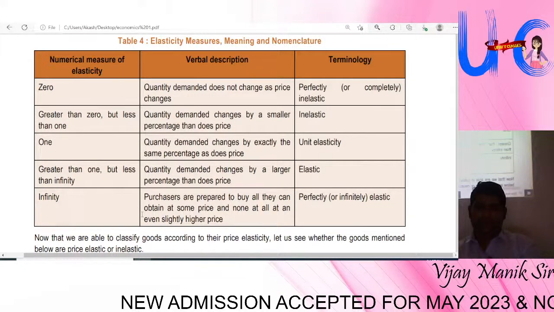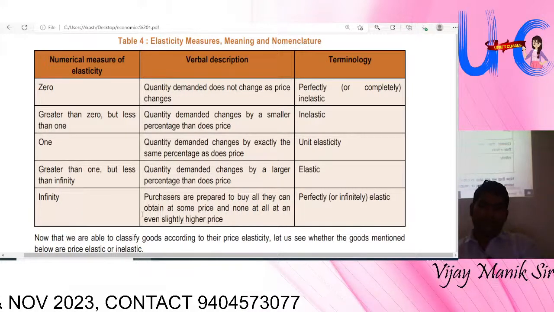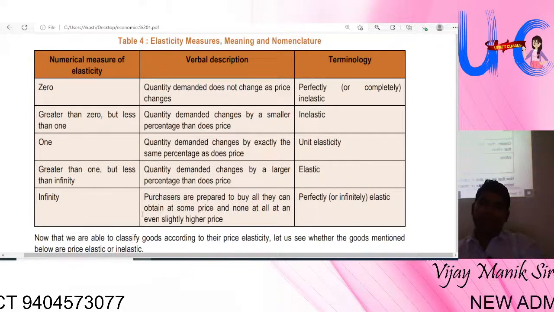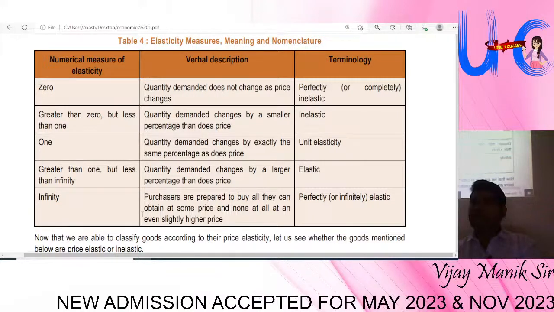Infinity means what? Perfectly elastic. Purchasers are prepared to buy all they can obtain at some price and none at all, and even slightly higher price. That is called perfectly elastic. Understood? We are quantity demanded and price.